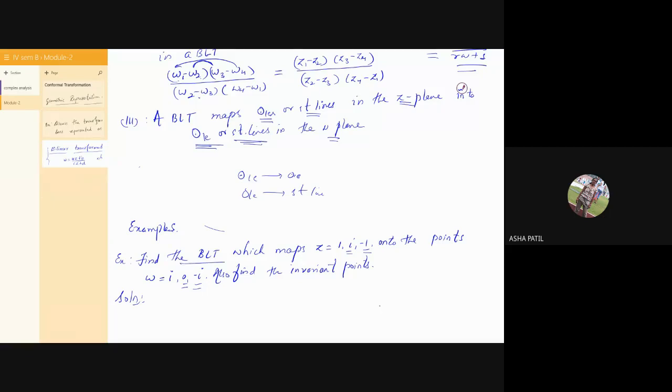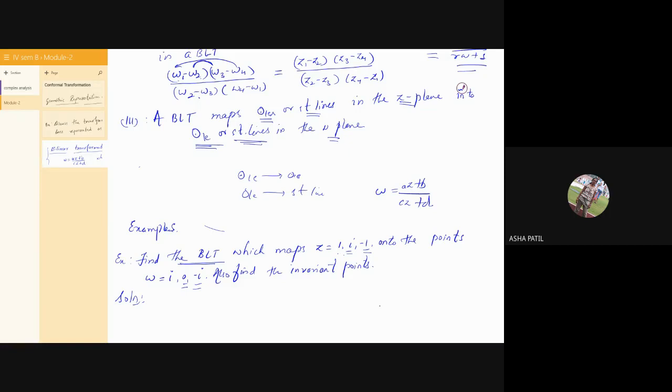Now you have to find which bilinear transformation it is. You have to find the function in the form of W equal to AZ plus B divided by CZ plus D, which has mapped these points. The mapping is already given. You need to find the function that will transform these points into the given points.